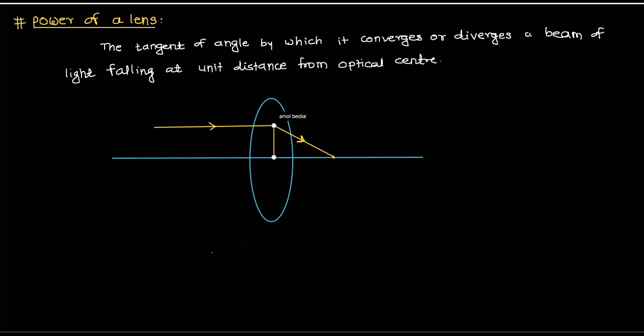This is your optical center, which I am denoting with these dotted lines. Let us suppose this angle is delta.